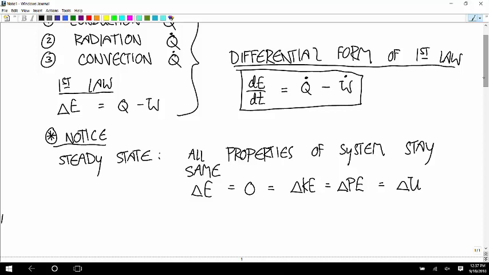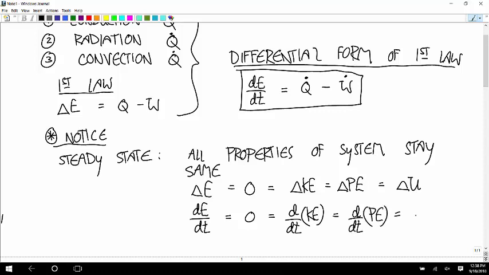And if you're using the differential form, then dE/dt is equal to 0, and that's equal to d/dt of the kinetic energy, plus d/dt of the potential energy, plus dU/dt.